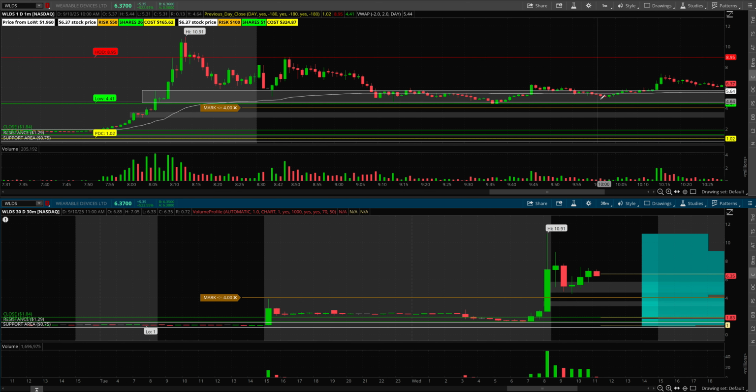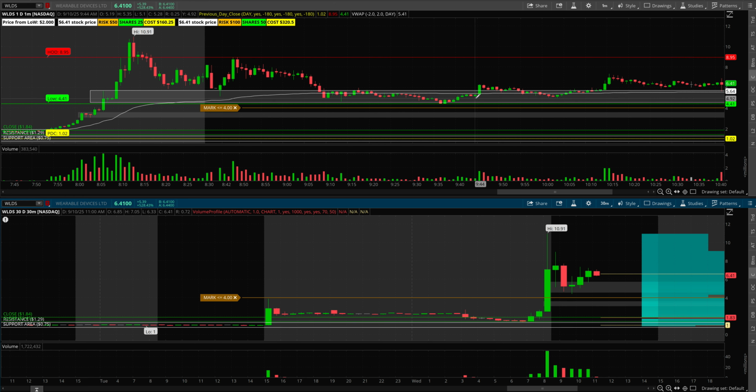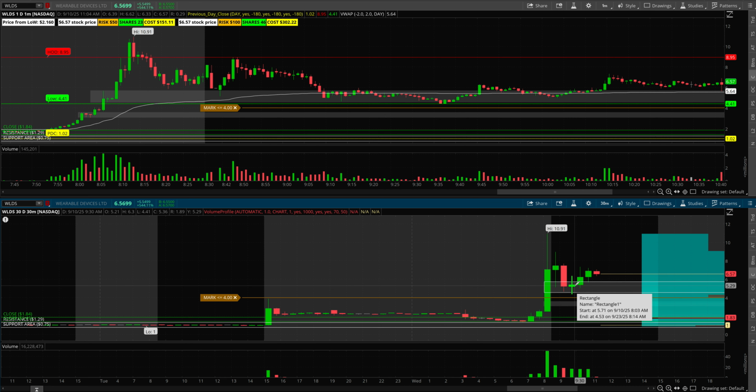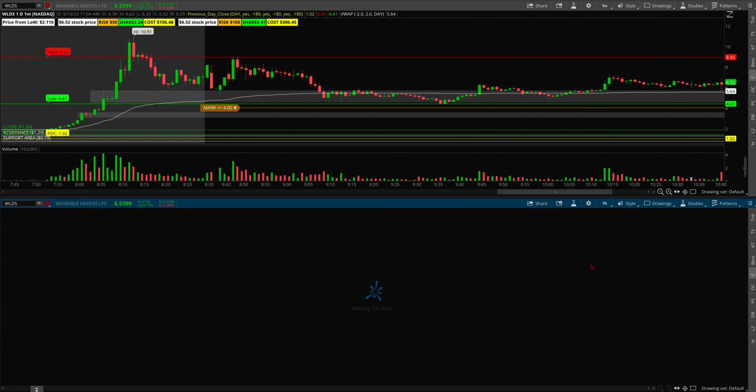You could even kind of start buying on this higher low if you wanted, right? So higher lows, buying anywhere from about, let's just say $5 to possibly $5.35 max. And then you're using this low, which is 4.41, right? This low right here as your risk level or your stop.